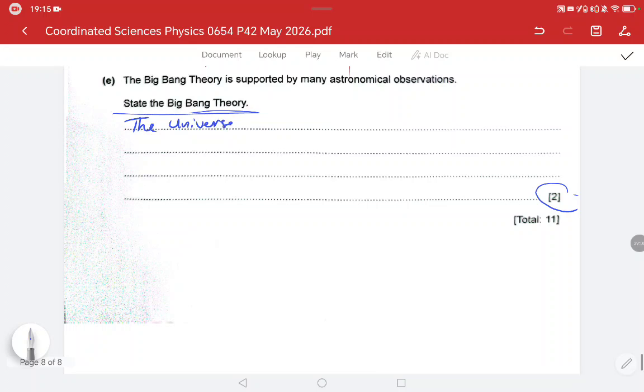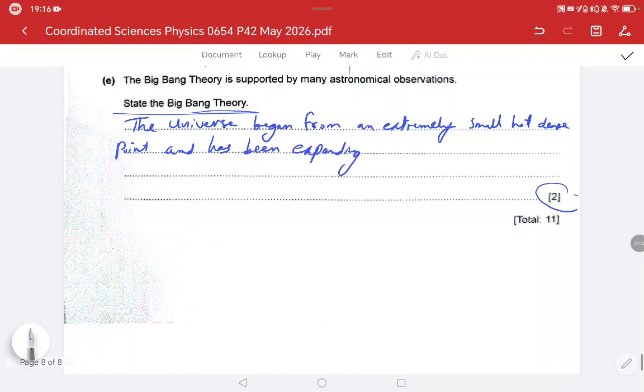So the universe began from an extremely small, hot, dense point. This is the first statement, and it has been expanding ever since.